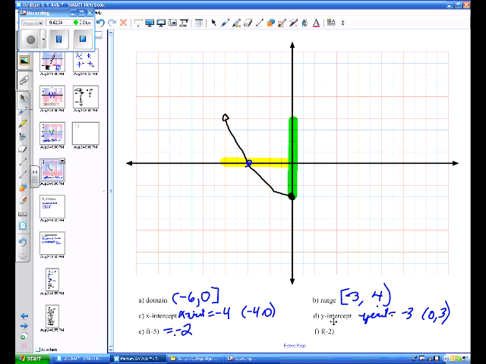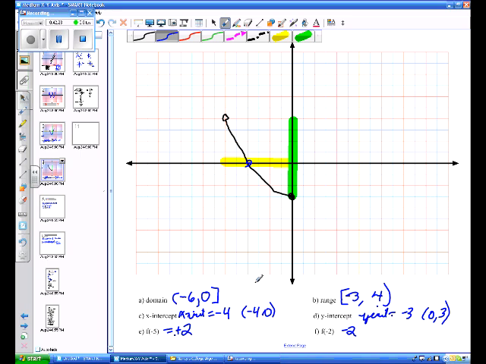This should have been a positive 2 over here. So f of negative 2 is negative 2. F of negative 5 was a positive 2, not a negative 2. Sorry about that. Positive 2.